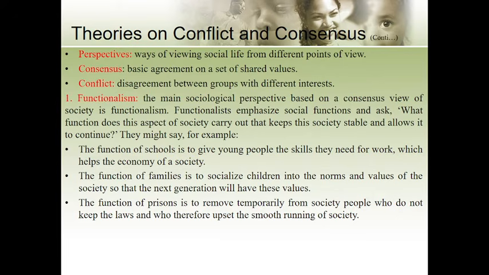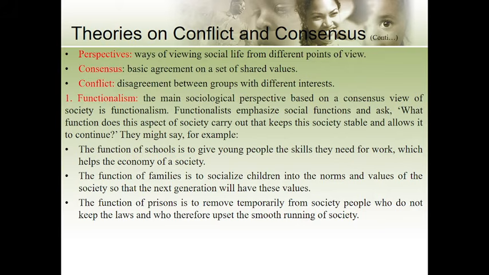For example, the function of school is to give young people the skills they need for work, which helps the economy of the society. The function of the family is to socialize children into the norms and values of the society, so that the next generation will have these values.